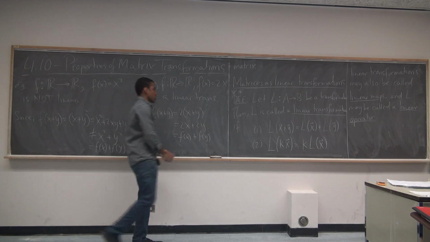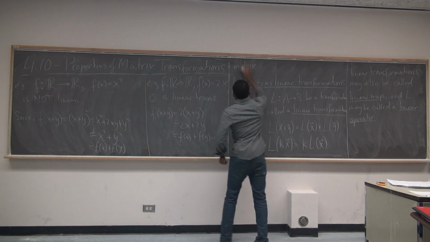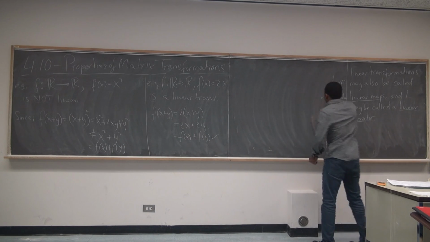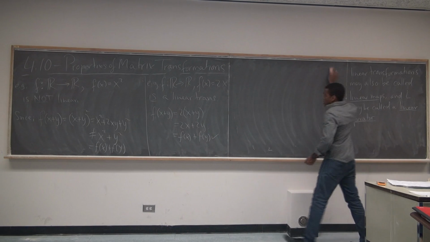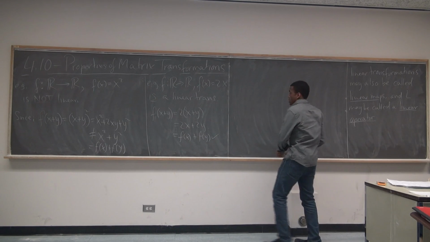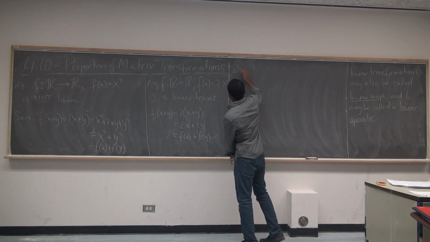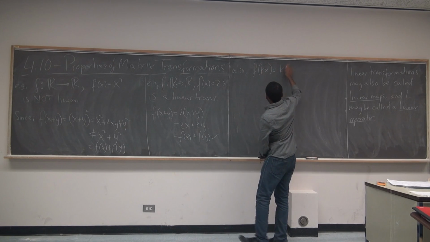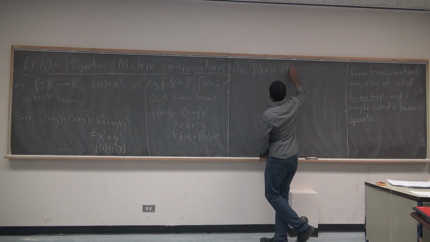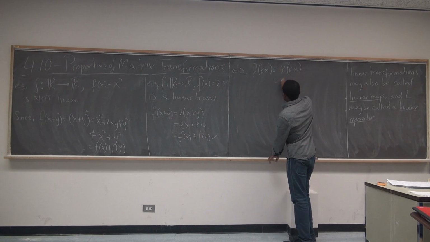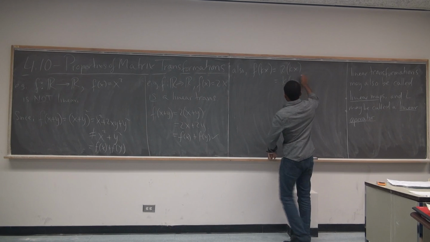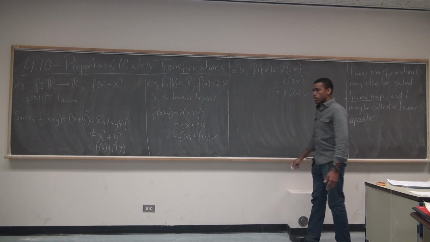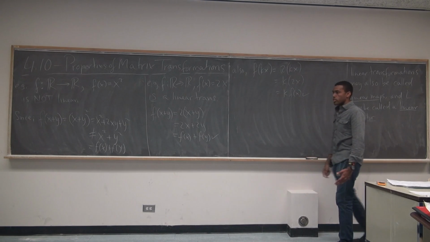So point 1 holds. Also, if I take f of kx, I'll get 2 times kx, but I can factor out that k, that is k times f of x. So that holds. That's a linear transformation.